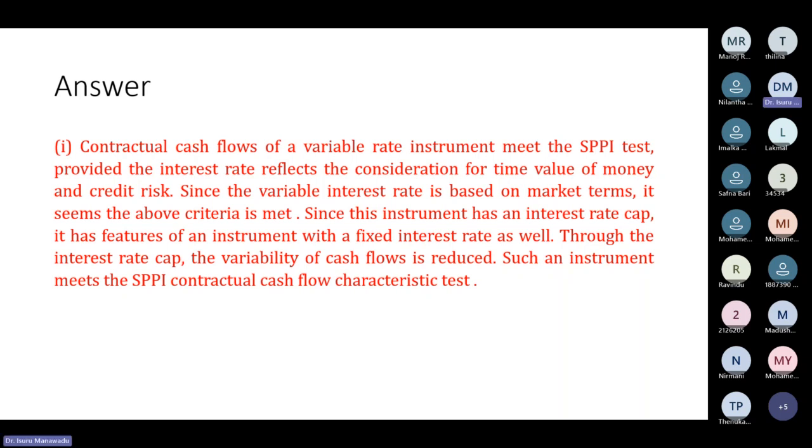Since the variable interest rate is based on the market terms, it seems the above criteria is met. Because a variable interest rate has been given, the first condition is met. Since this instrument has an interest rate cap, it has features of an instrument with a fixed interest rate as well.